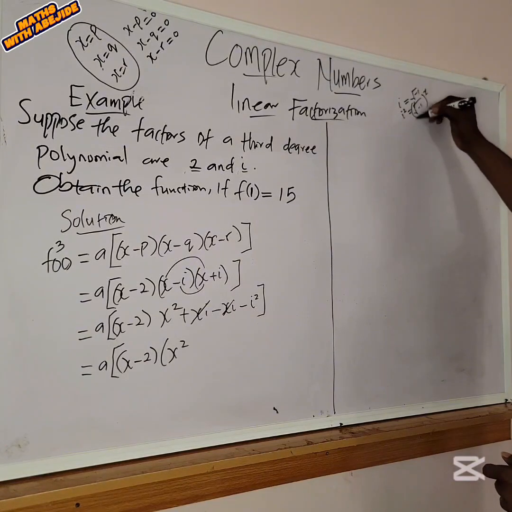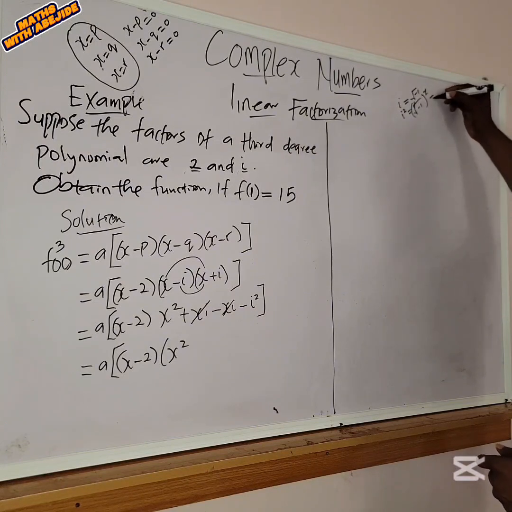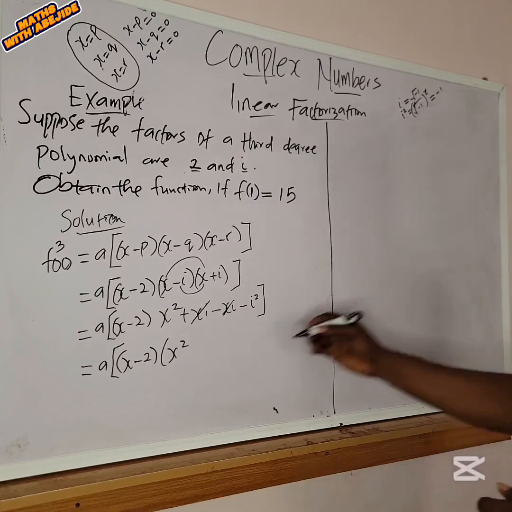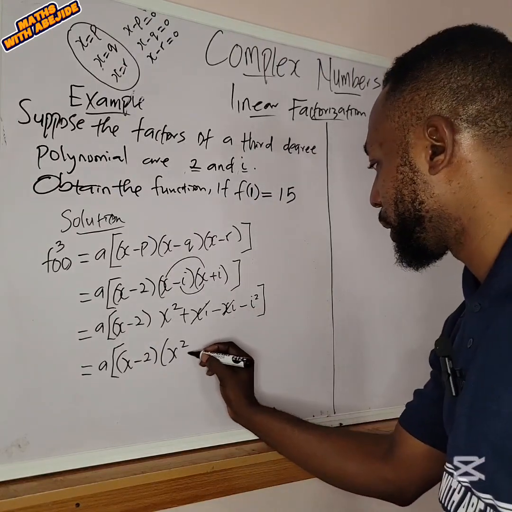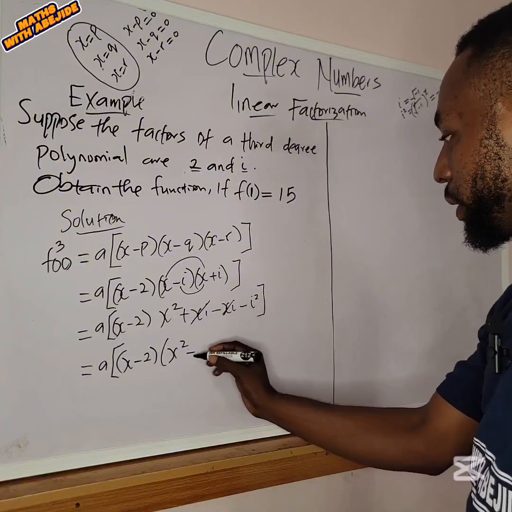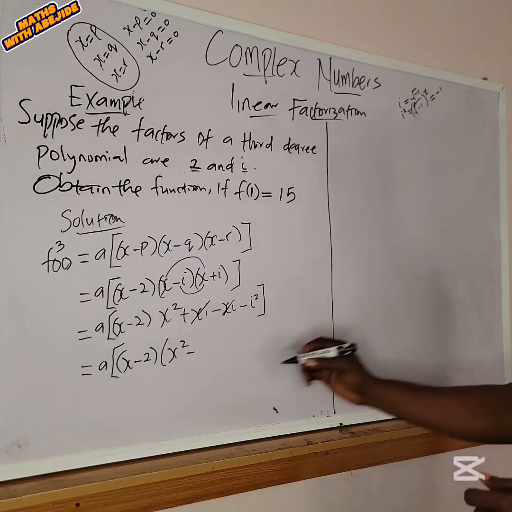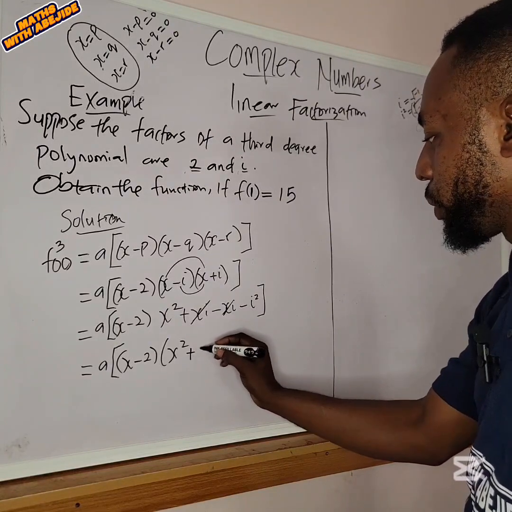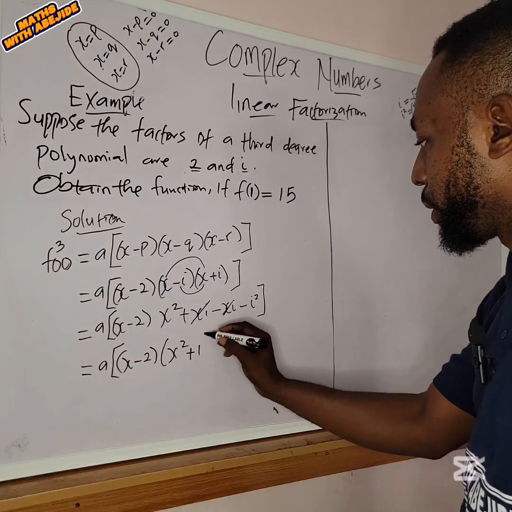So these two will cancel the root, and we'll be left with minus 1, right? So we can insert minus 1 here, so that this negative and negative 1 change to positive 1 this way.